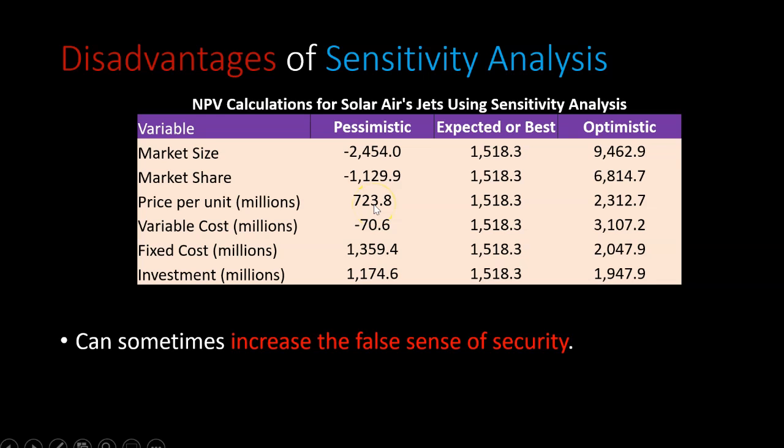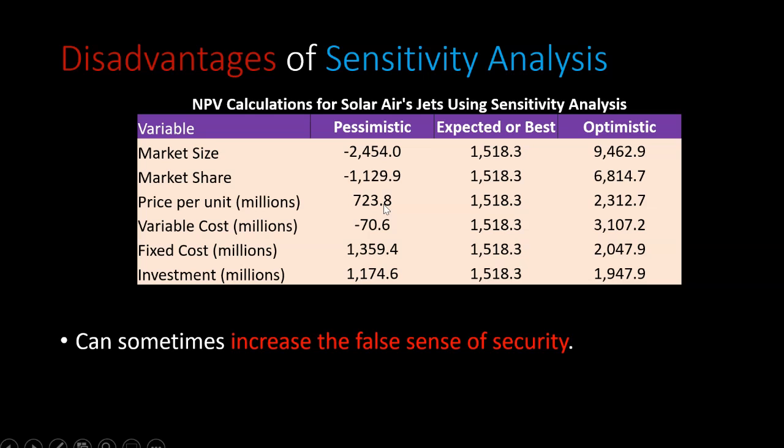Like even if the price is 1.9 million, it's fine. But you think that the most pessimistic number that you'll have for jets will be 1.9. In other words, you came up with the notion that even if you're being very pessimistic, very conservative, you'll be able to sell each jet for 1.9.